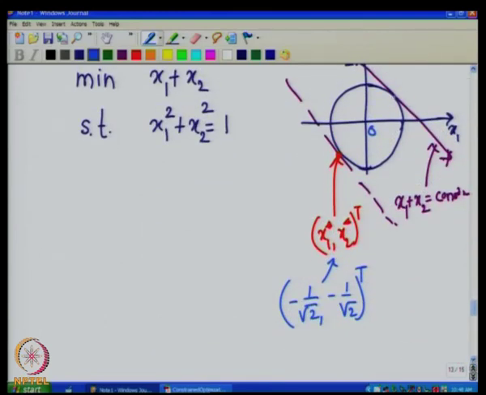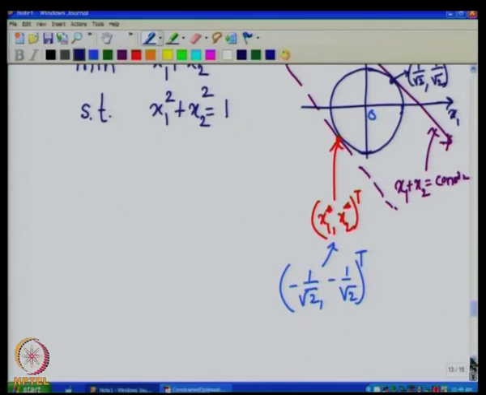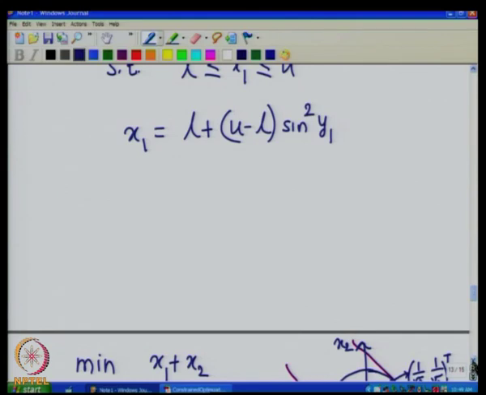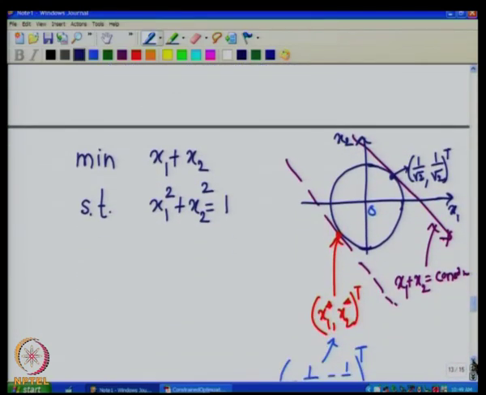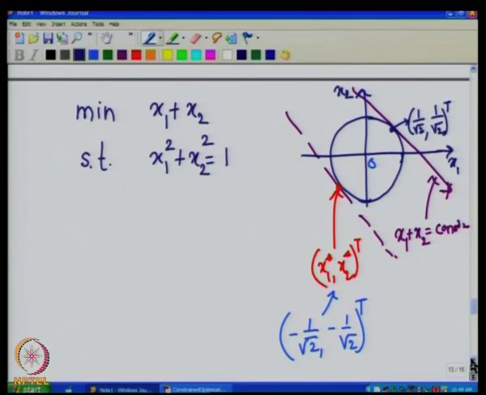You will see that this point is (1 over root 2, 1 over root 2) transpose, and this in fact is a local maximum.